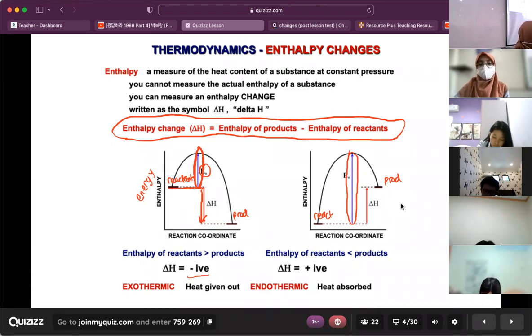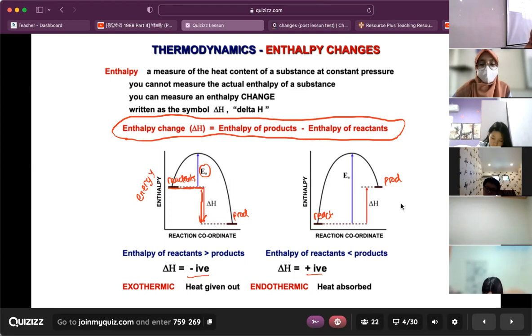As the arrow is going up from reactants to products, the enthalpy change value is always positive. And you can notice here the activation energy arrow is always going up, so activation energy always has a positive value.